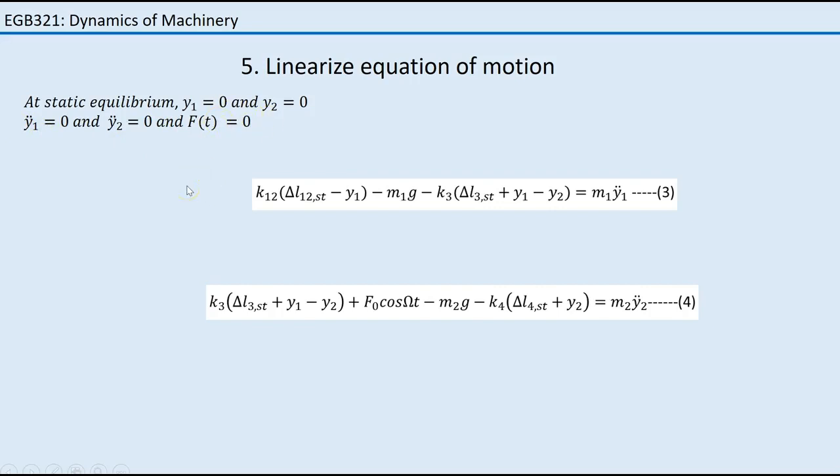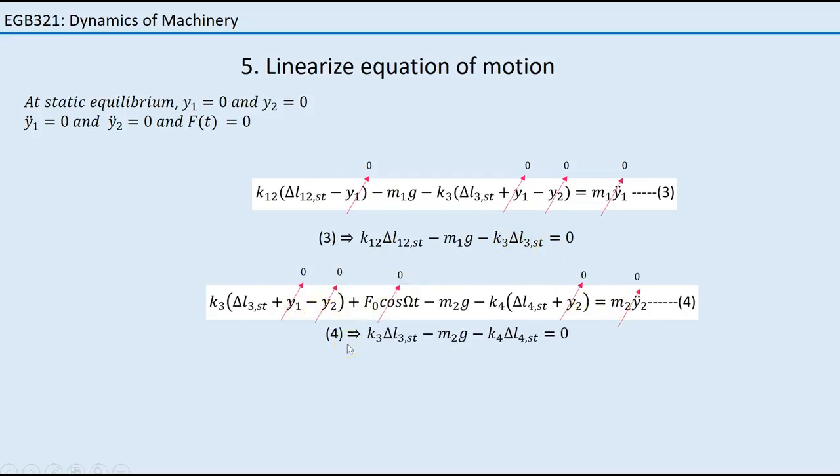Considering this static equilibrium, if we look at equations 3 and 4, we get these terms as 0. Equation 3 becomes K12 del L static minus m1g minus K3 del L3 static equals 0. And from equation 4 we get all these terms as 0, so it becomes K3 del L3 static minus m2g minus K4 del L4 static equals 0.